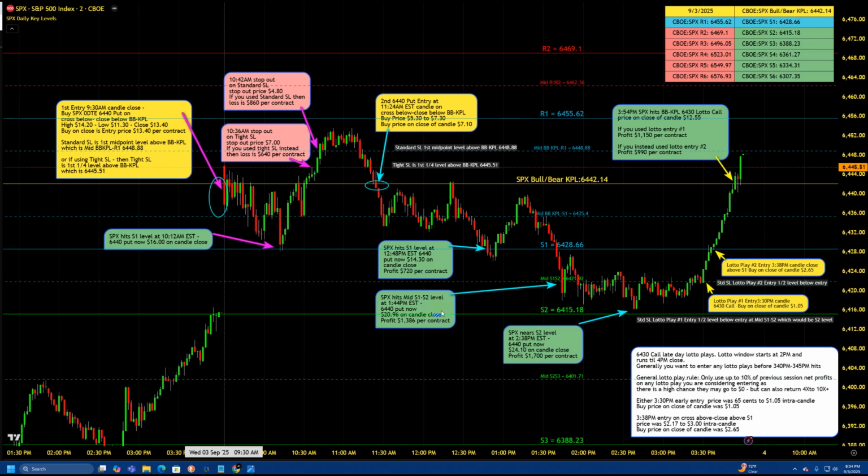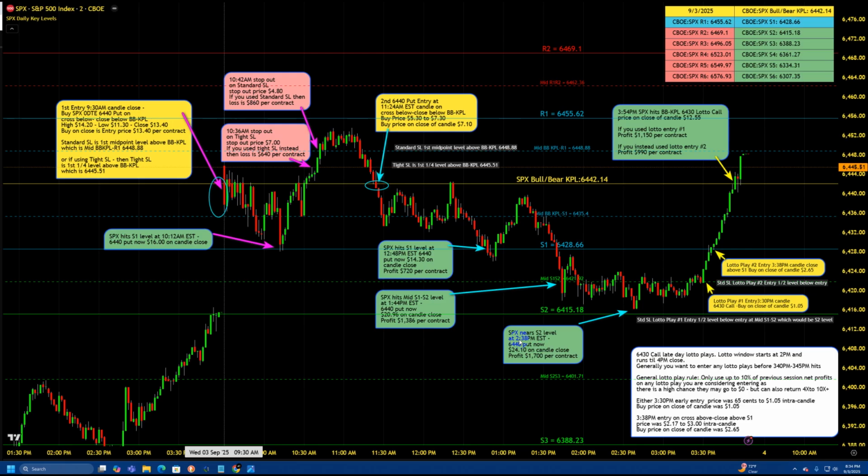So at this point, at 1:44 p.m., the 64.40 put is now $20.96 on the candle close. The profit is $1,386 per contract. So now we're in profit for the day, regardless of which one we were stopped out on earlier.